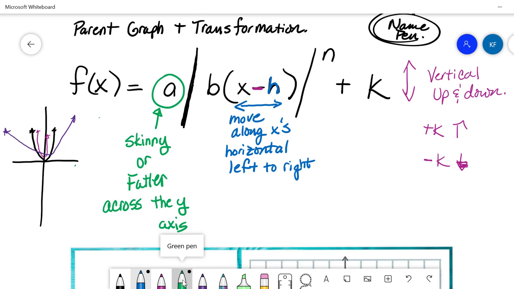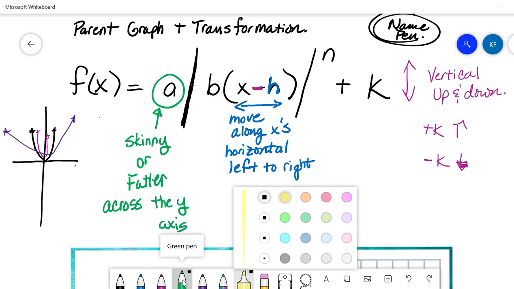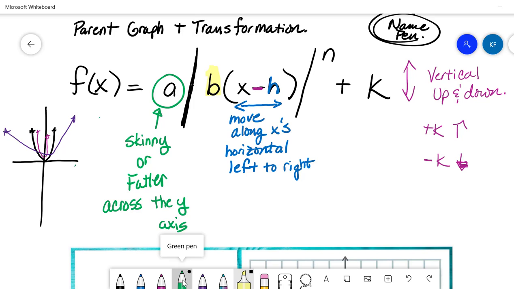Okay, so what is b? That might be newer for you. The b is the skinnier or fatter across the x-axis.